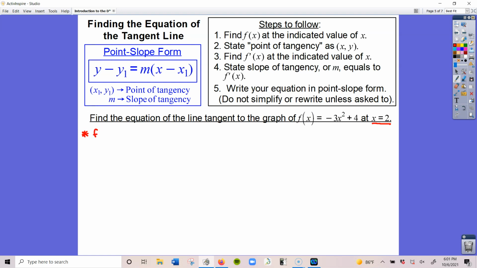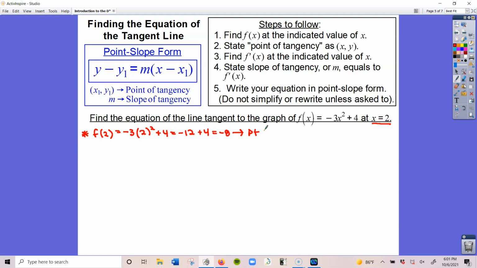So f of 2 is going to equal negative 3 times 2 squared plus 4. 2 squared is 4, times negative 3 is negative 12, plus 4. And negative 12 plus 4 is negative 8.